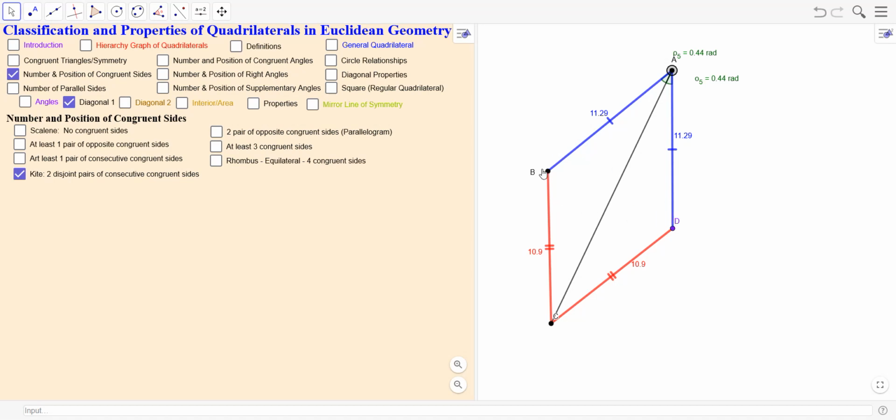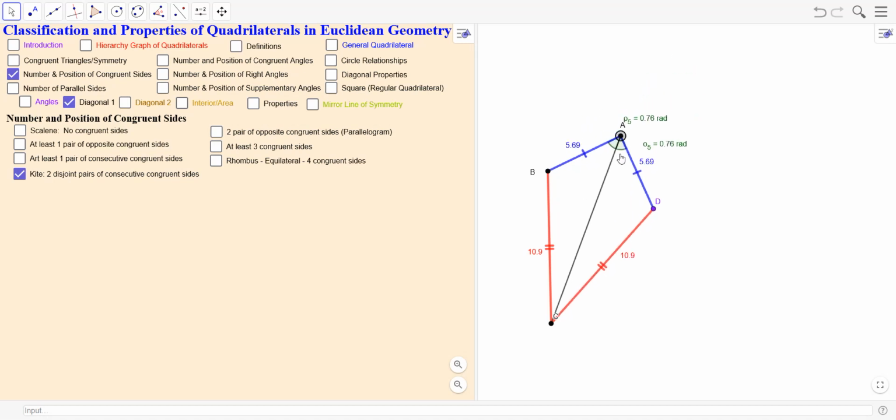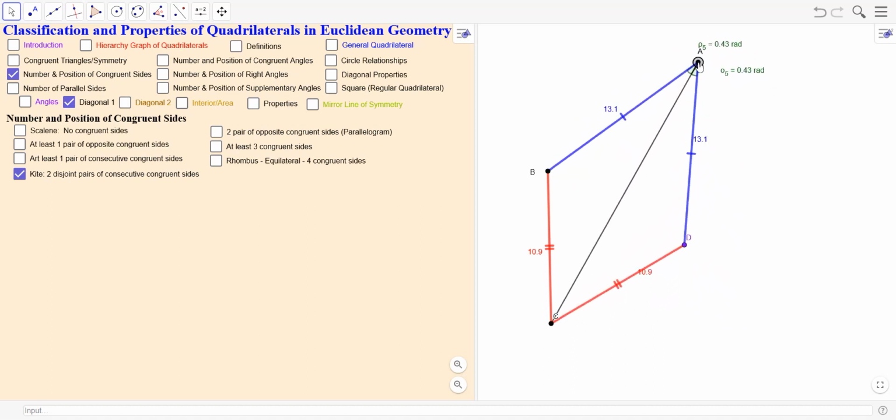Okay, what transformation will map this triangle onto that triangle? Can you figure that out? Well, it's a reflection. It's a reflection about this mirror line of symmetry that contains what we call the major diagonal.